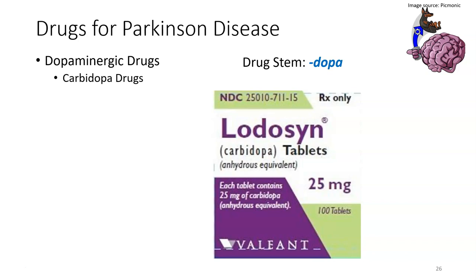Carbidopa allows the body to metabolize levodopa into the active dopamine. Levodopa can't do it on its own. But dopaminergic drugs, many of them will have the drug stem of dopa. So here we have carbidopa. It's got dopa. Lodosyn is a brand name for carbidopa.